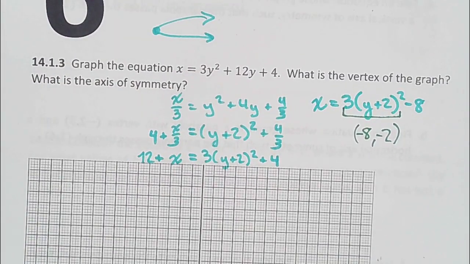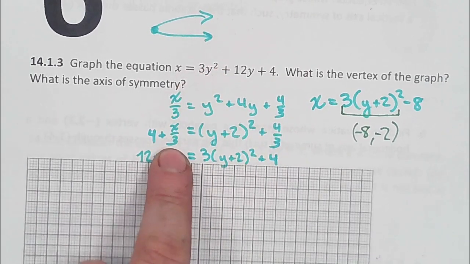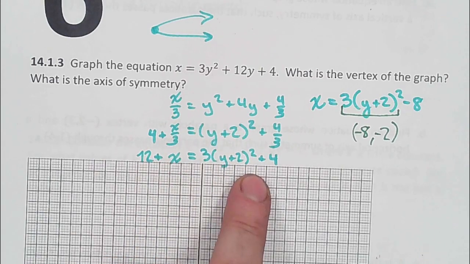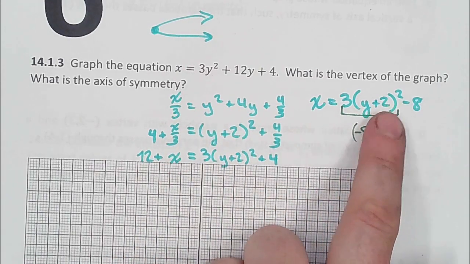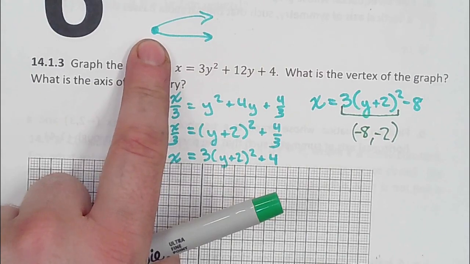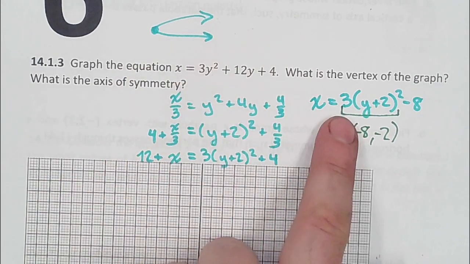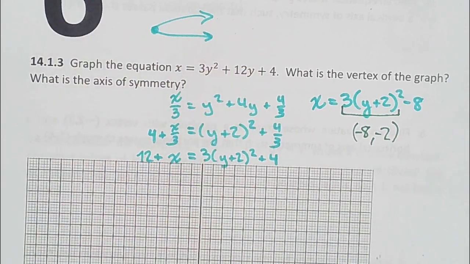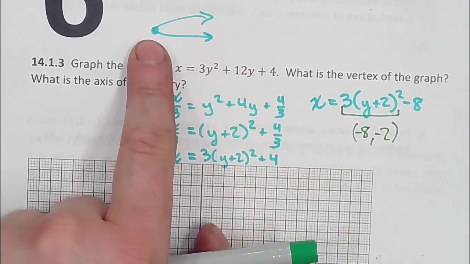Again, we know it's opening to the right because it's x equals. If we complete the square by removing our a value just for a second, so we can see easily what this needs to be, moving everything back, we can tell where the bottom of this parabola is going to be. Far left, because it's opening in the positive direction. And our options are either right or left. What's going to make this as small as possible?